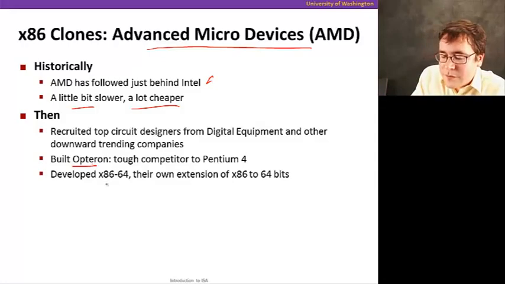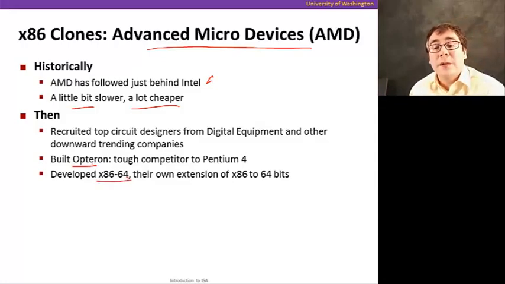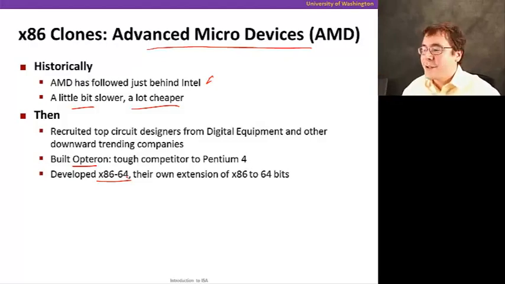AMD was also instrumental in developing x86-64, the 64-bit extension of the x86 ISA, which later became a good part of what x86-64 looks like today, even for Intel processors. That's a really interesting, quote-unquote, collaboration between two companies that are essentially competitors.